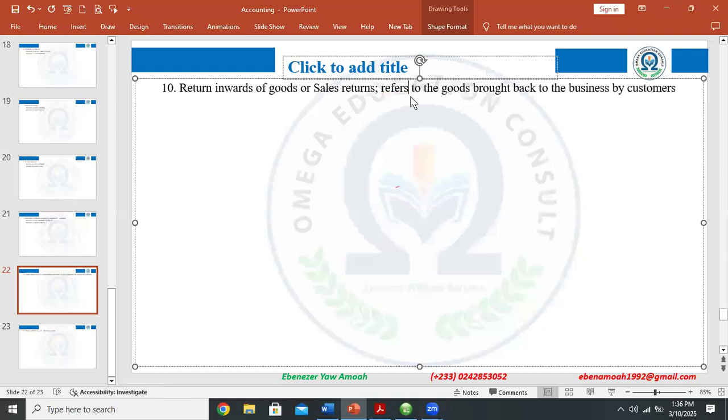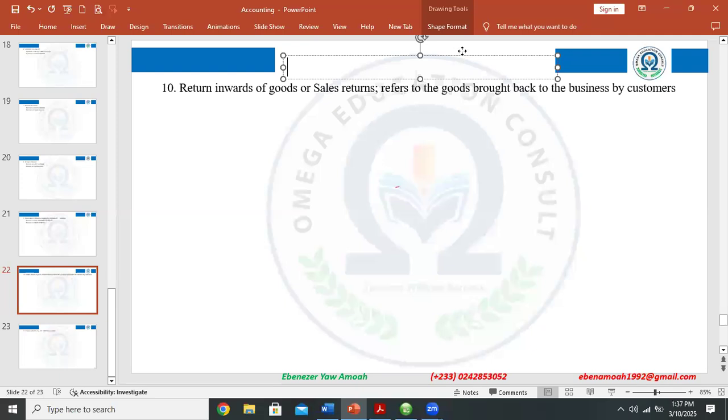And I've given you reasons why customers may return goods back to the business. If there is an expiry date, or they ask for 10, you supply them 20, they are definitely going to bring back the excess, right?